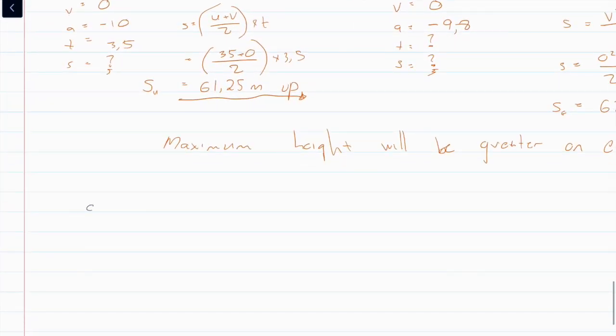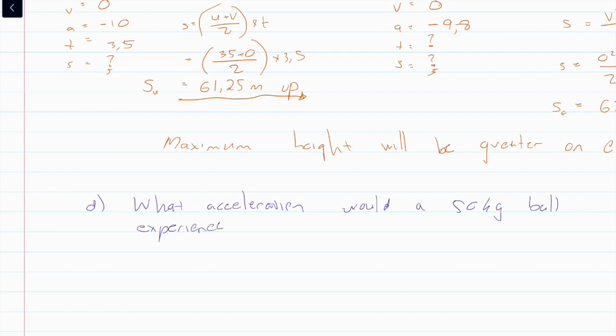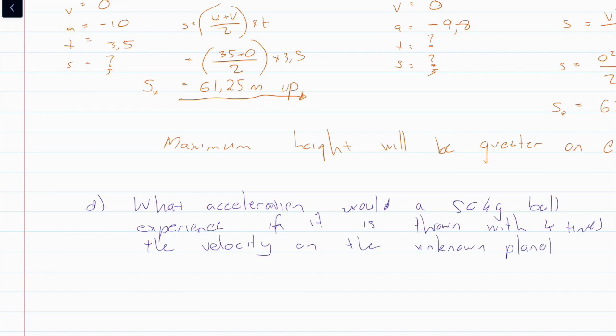ABCD is going to be, what acceleration would a 50 kilogram ball experience if it is thrown with 4 times the velocity on the unknown planet? Okay, so the question is, what acceleration would be experienced?